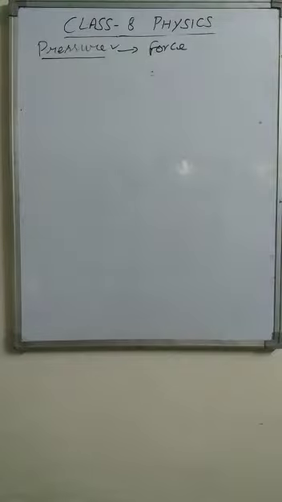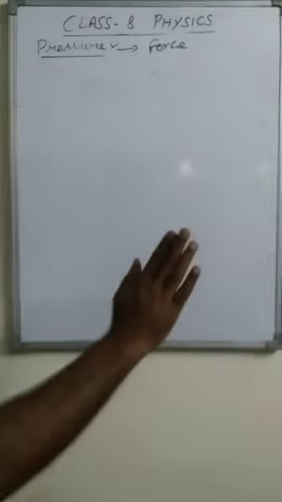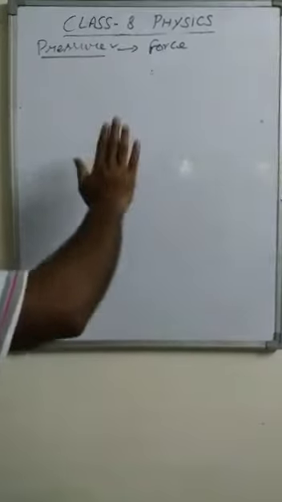Taking an example, I applied the force with my hand on the board. But that force can be applied in different ways. If I take two different ways, one is the force is applied by the palm. Now here, this is the area on which the force is applied.